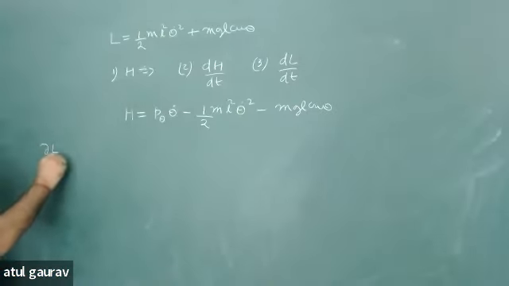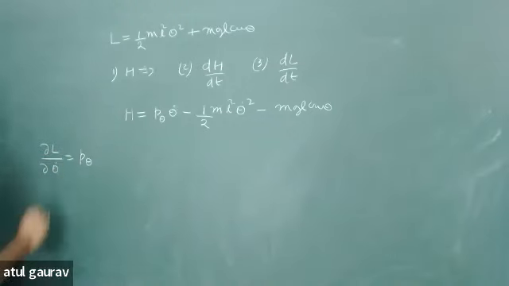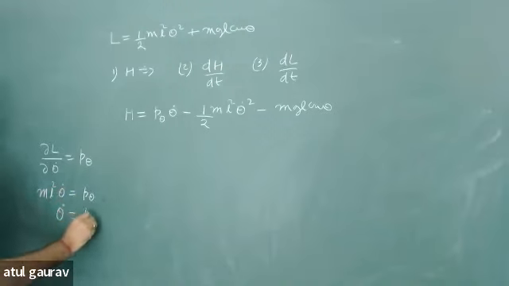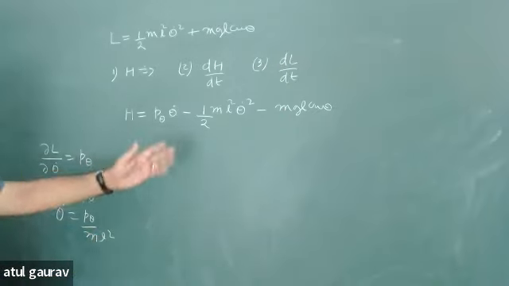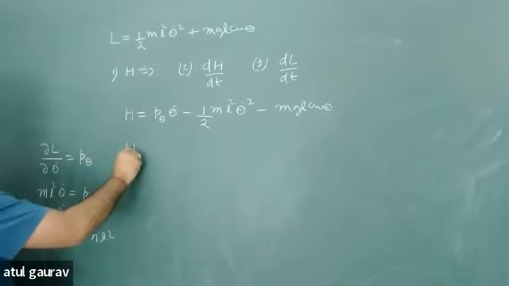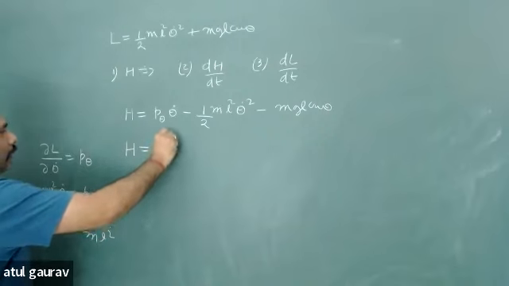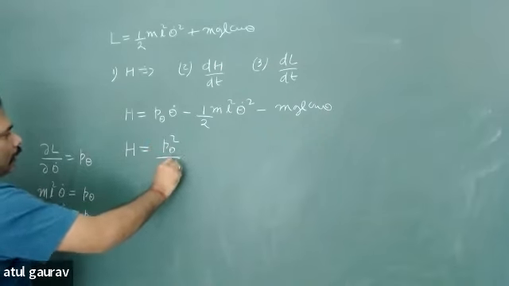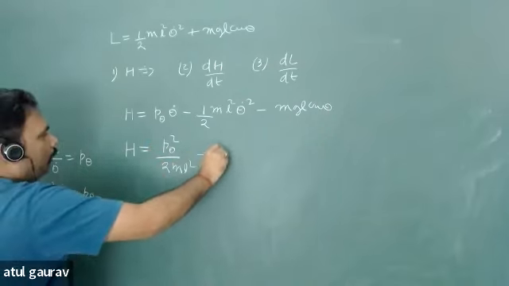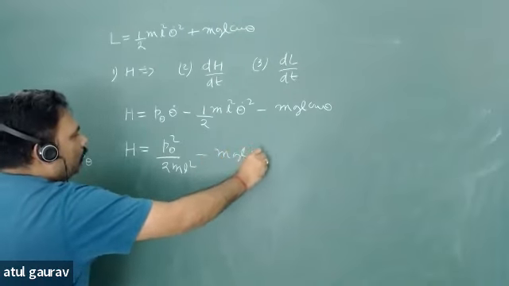Del L upon del theta dot is equal to p theta, and you will get m L square theta dot is equal to p theta. So theta dot is equal to p theta upon m L square. We can easily put all this here, and you will get H equal to p theta square upon 2 m L square minus mgl cos theta.